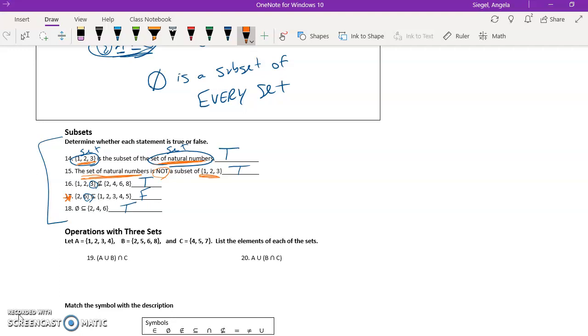The problem with this one is this 3. This set had this 3 in it that was not a part of this set. So it could not be a subset. This one, the 6, was in this set, which was not in this set. So it was saying it was a subset, which is false. And then, just like I said before, the empty set is a subset of every set. So that was true.